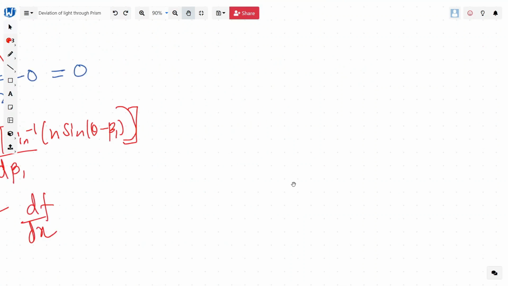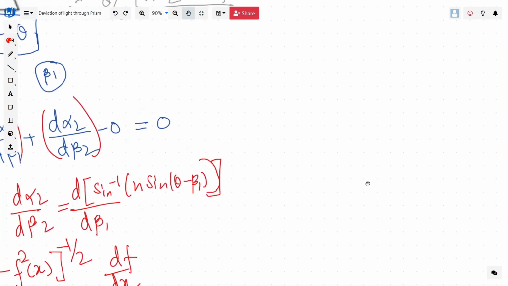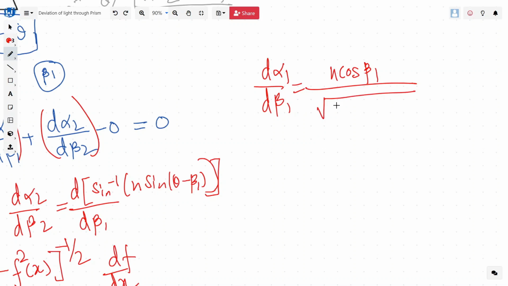So when you differentiate this expression, the first one here, you find that d alpha 1 by d beta 1 is equal to n cos beta 1 divided by the square root of 1 minus n squared sin squared beta 1.